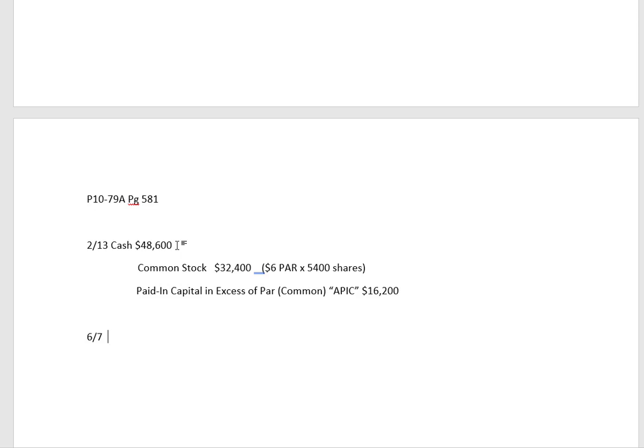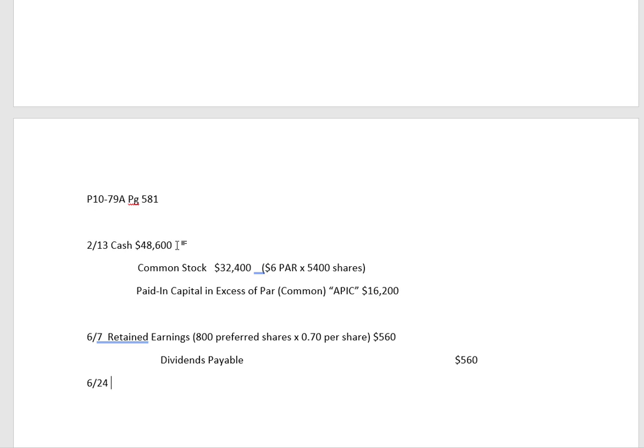So we have to reduce our retained earnings by the dividend amount. And what amount is a dividend amount? Well, it's 800 preferred shares times 70 cents per share. So we're going to reduce retained earnings by $560. We're going to create a liability, dividends payable, because we declared them, for $560.